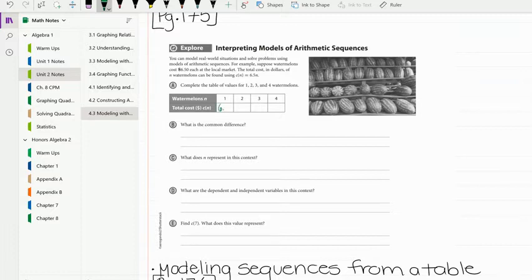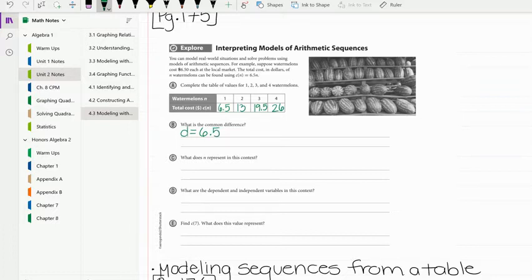So for one watermelon, it will cost $6.50, and then you basically just keep adding 6.5. So 2 watermelons will be $13, 3 watermelons will be $19.50, and 4 watermelons will be $26. So the common difference would be 6.5 because each time we're adding 6.5.